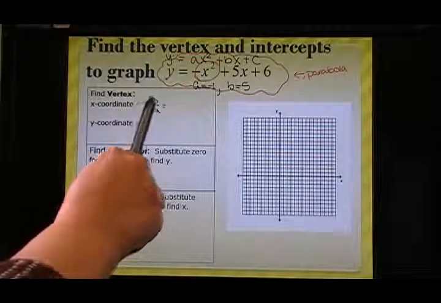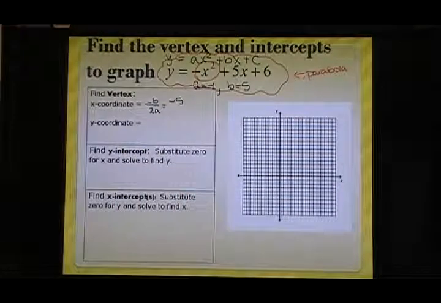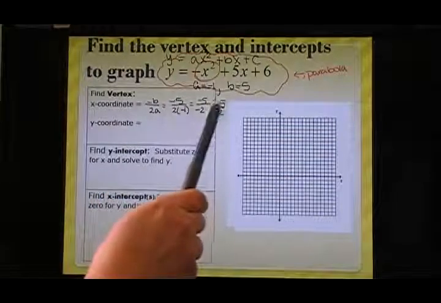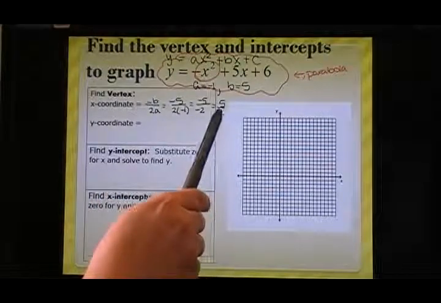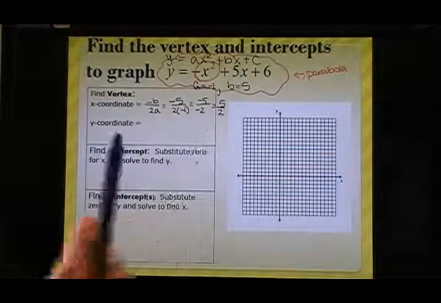So we have the opposite of b. b is positive 5, so this is -5 over 2 times -1, or -5 over -2, which is simply positive 5/2. Okay, once we have the x-coordinate of the vertex, we substitute it back into our equation to find the corresponding y.